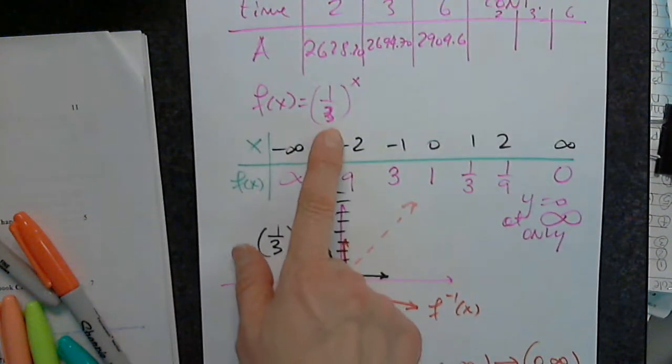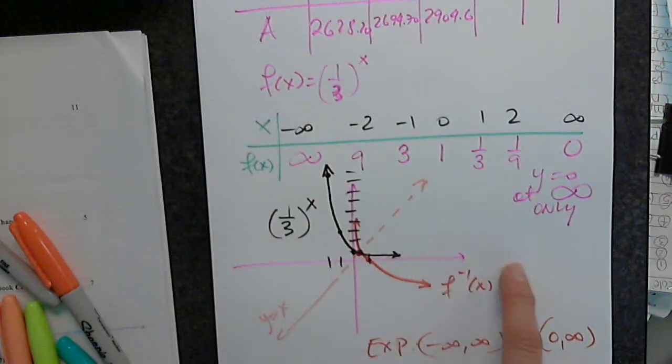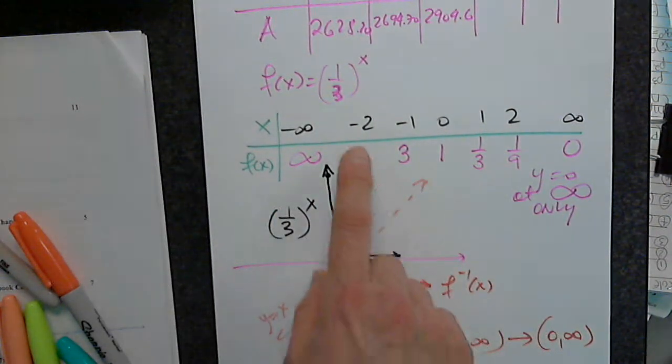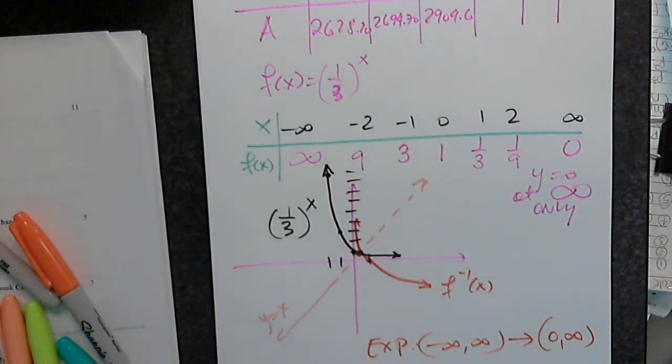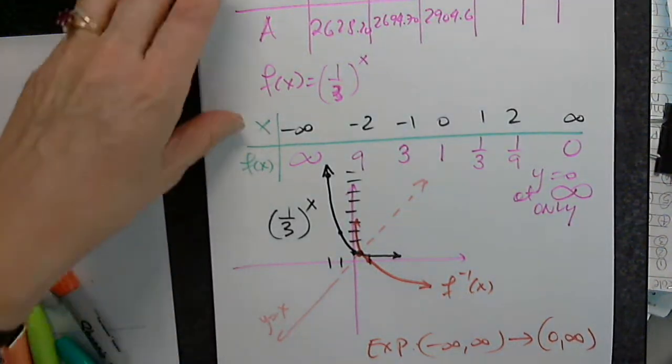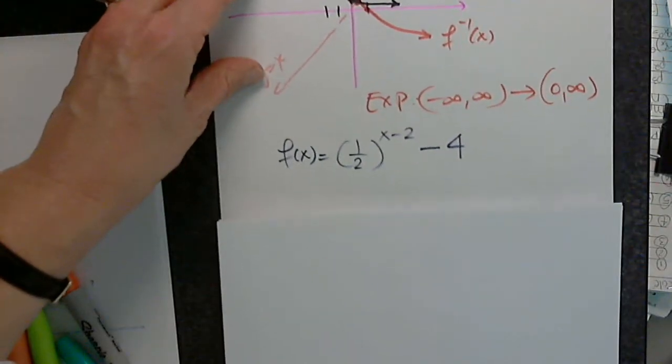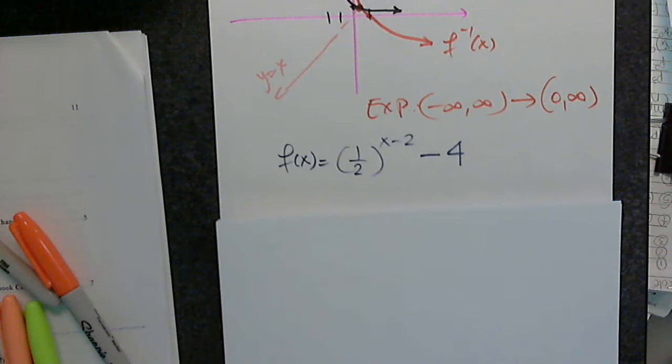If the base is less than 1, the function will always be decreasing. And if the base is greater than 1, the function will always be increasing. Like e to the x, 10 to the x, 2 to the x, 3 to the x, 2.5 to the x. Good. Okay, so I would like to graph this function using transformations and then find the x and y intercepts exactly.